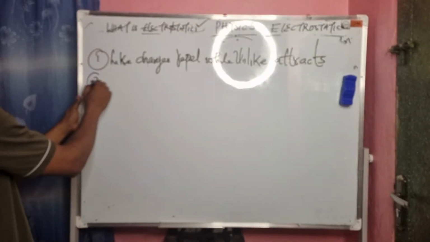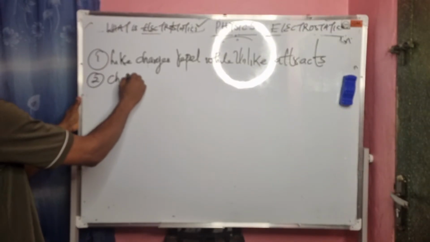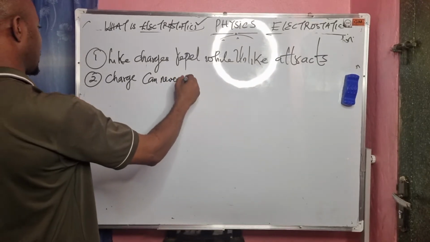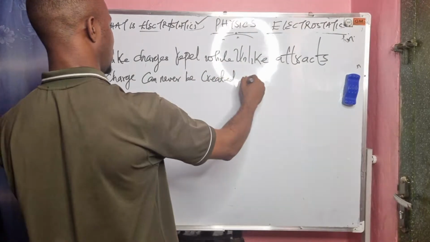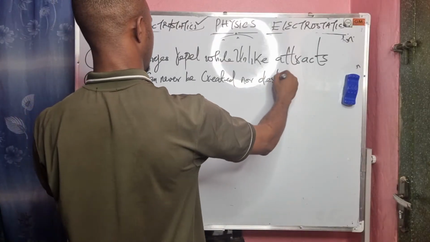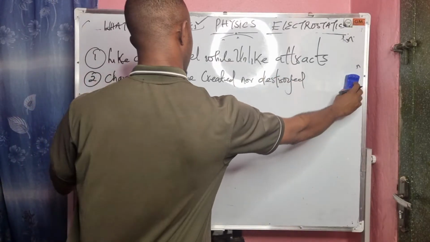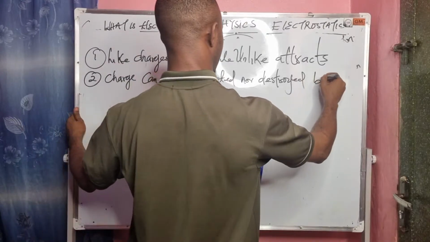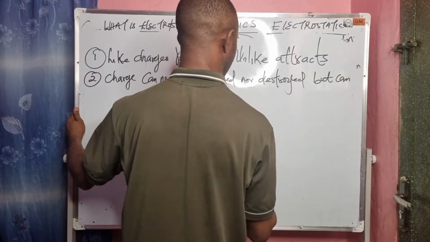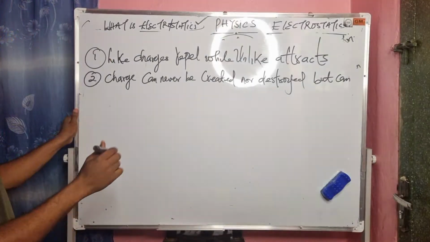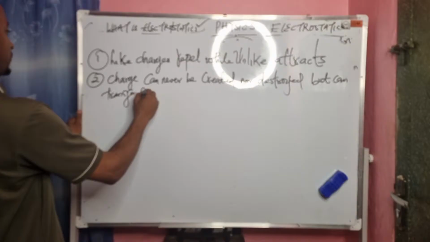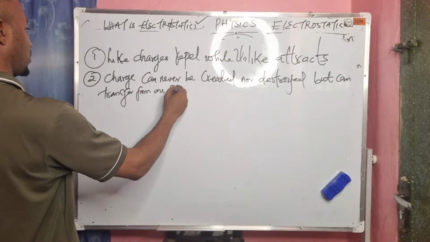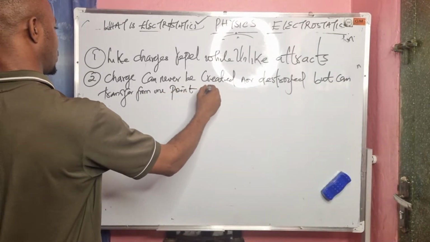Number two is that charge can never be created nor destroyed, but can be transferred, not transformed, from one point to another.